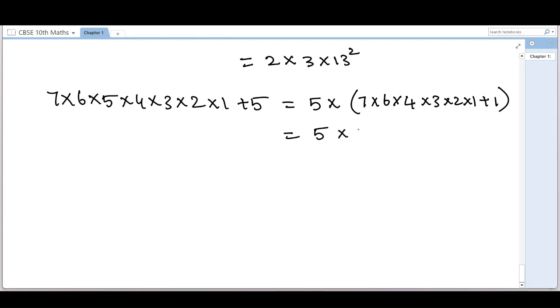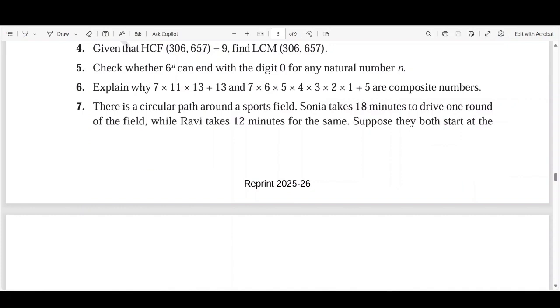If you simply simplify this, you will get the value to be 1009. So thus the given number is written as a product of 2 primes, and we have proved the given number to be a composite number.